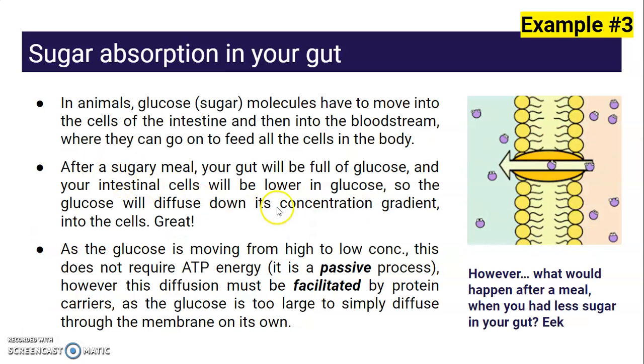In short instances, those epithelial cells are going to absorb enough sugar to be at high concentration relative to outside. But we need to keep bringing in more and more sugar, because that's eventually going to be sent out into the bloodstream and onto the rest of the body.